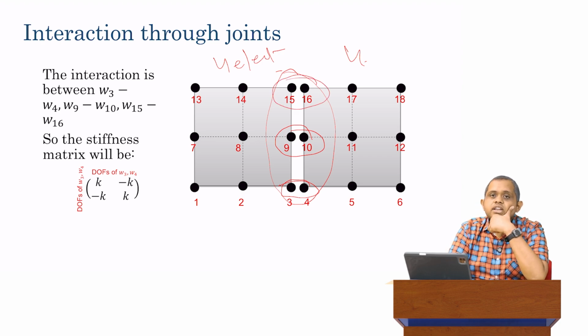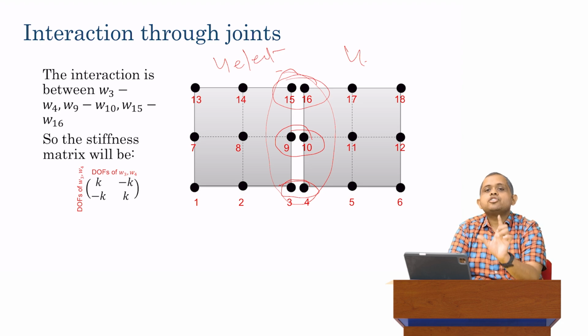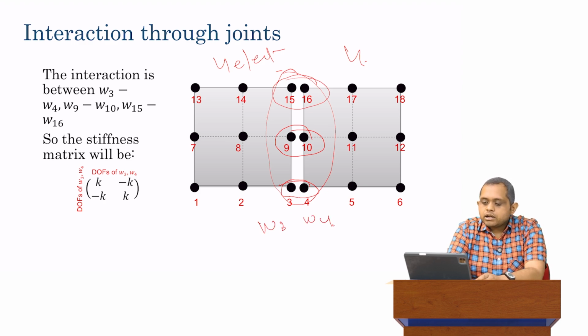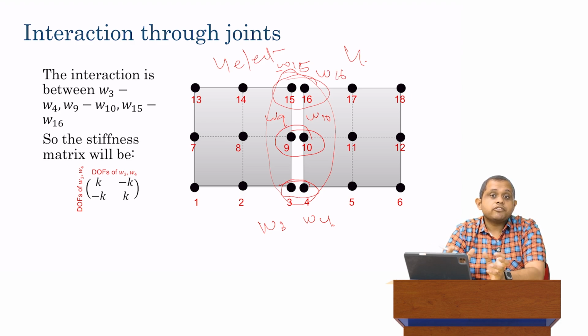Therefore, if we model the joint as an interaction between the W degrees of freedom, then the interaction is going to be between W3 and W4, and then W9 and W10, and W15 and W16. Again, there can be an interaction based on the rotational degrees of freedom also. Right now, I'm looking at it as only an interaction between the displacement degrees of freedom.